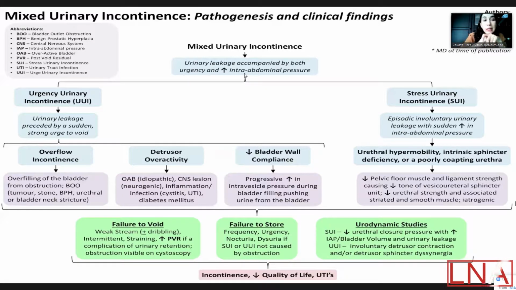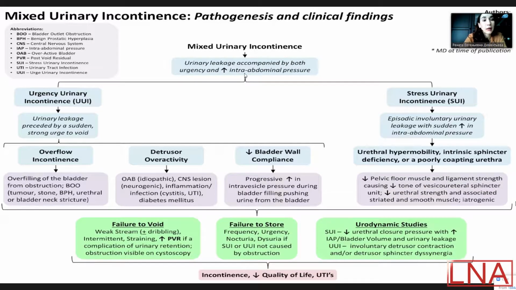About urgency urinary incontinence, it is an acute problem leading to urinary leakage preceded by a sudden strong urge to void. In this case, overflow incontinence leads to overfilling of the bladder from obstructions.